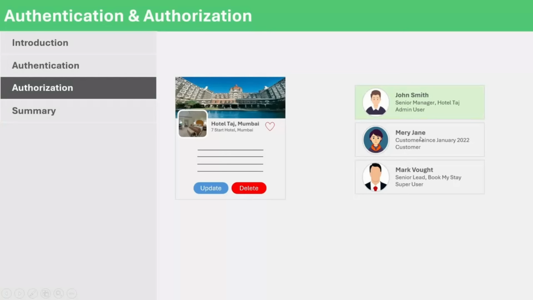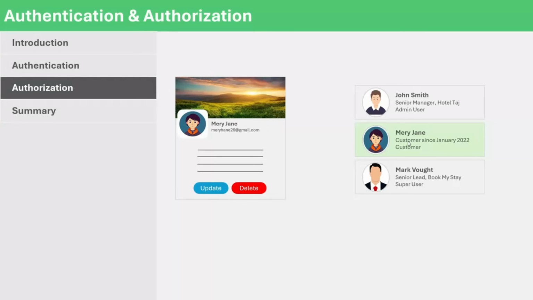But Mary Jane is a customer. She is not an admin. So Mary should not have access to update or delete the hotel. She can see the details of the hotel, or she can perform update or delete tasks on her profile. So Mary can update her profile, or if she wants, she can also delete her profile.